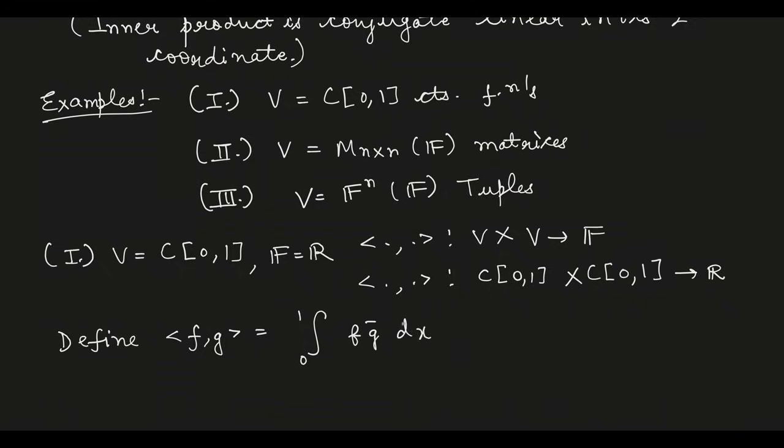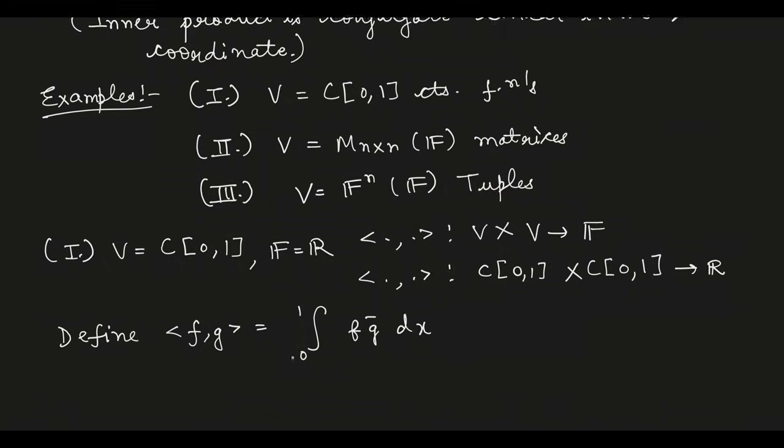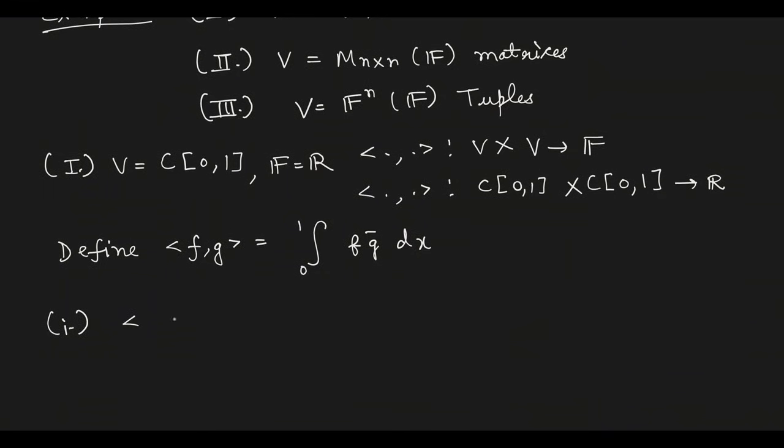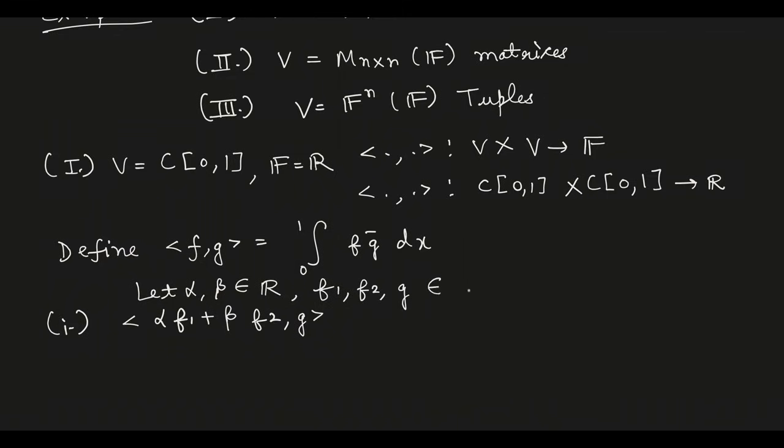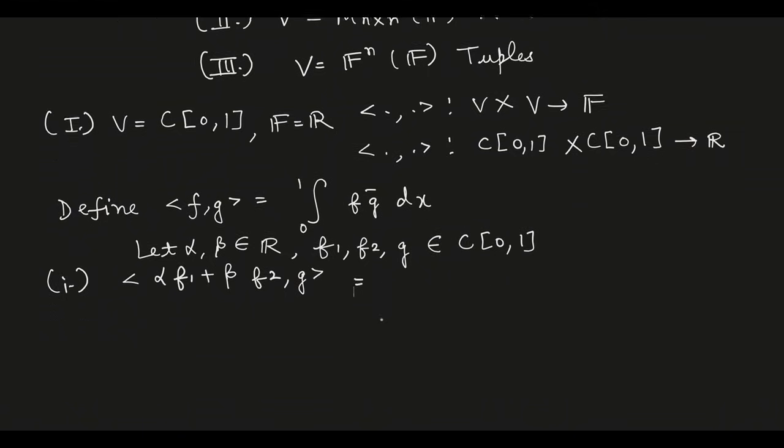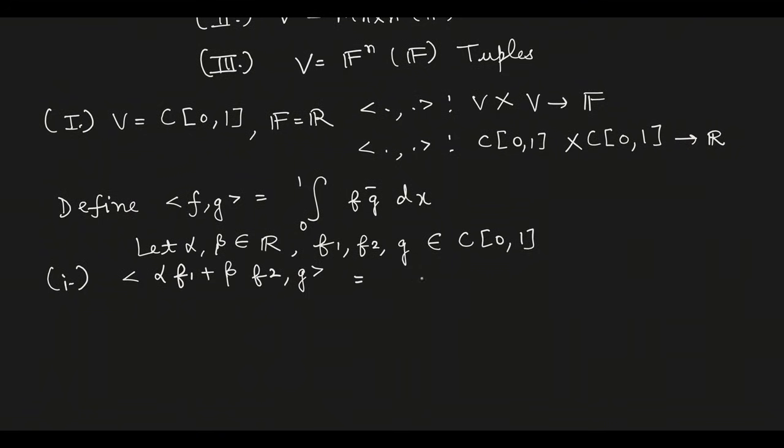Now I need to verify that this is an inner product space. So first property: alpha f1 plus beta f2 comma g, where I am taking alpha, beta scalars from field R and f1, f2, g are my functions which belong to C[0,1]. Apply this inner product: integration 0 to 1 of alpha f1 plus beta f2 times g conjugate dx.